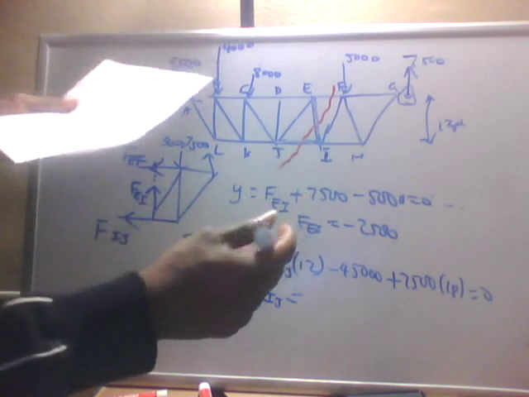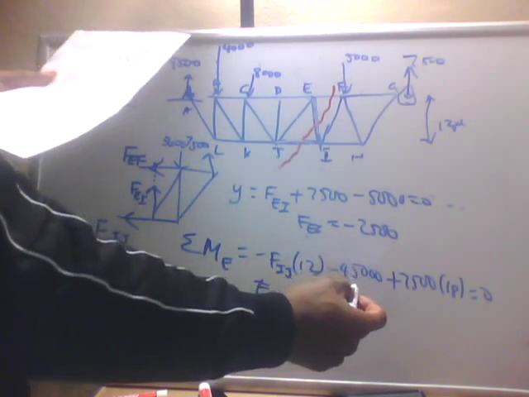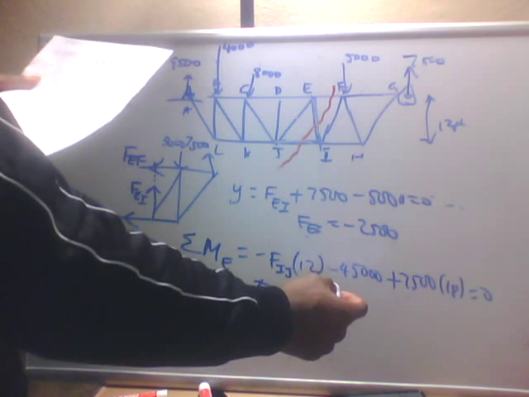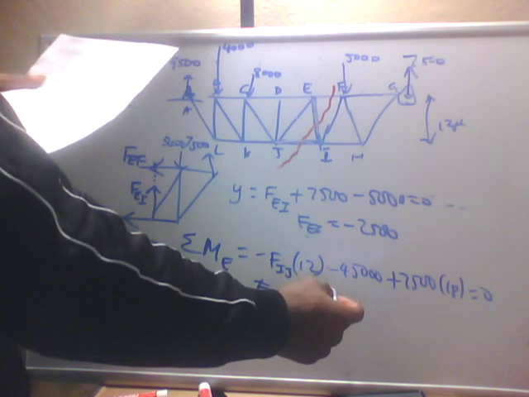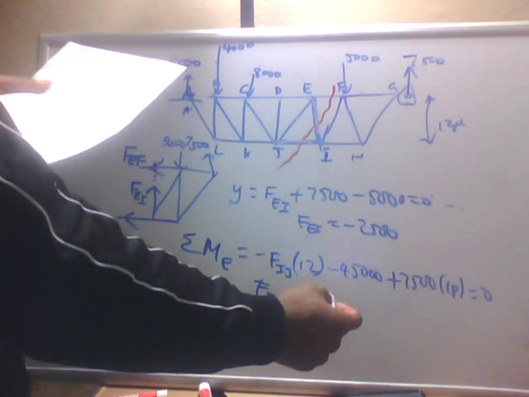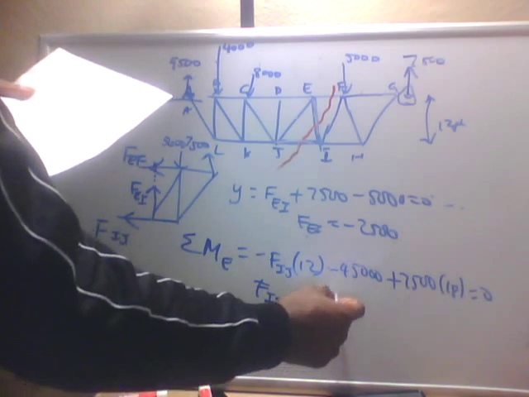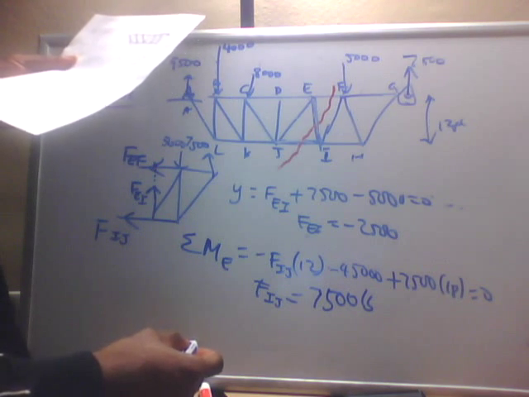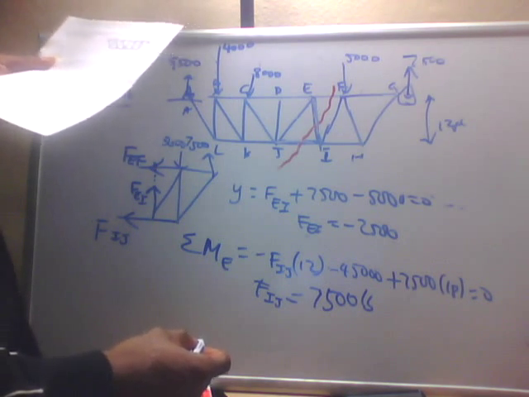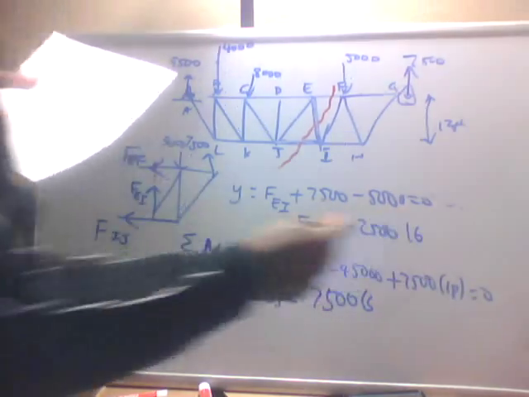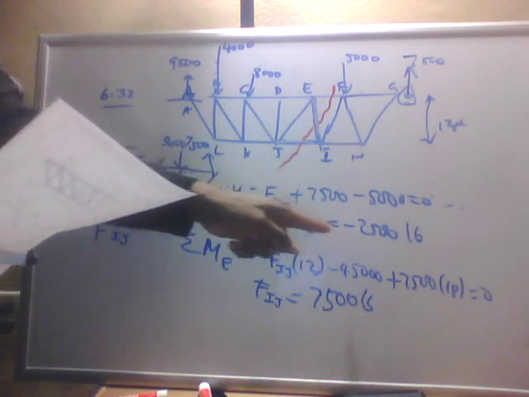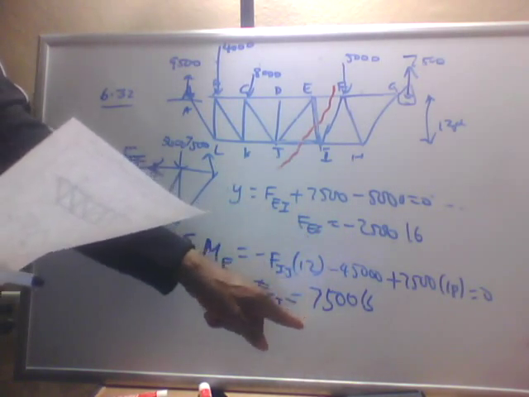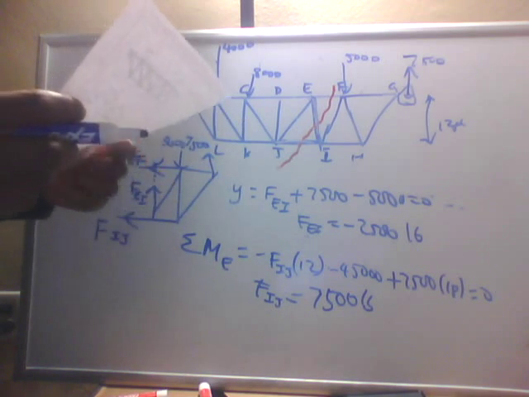The solution to that is 7,500 pounds. And this is in pounds. Okay, so because this is negative, it's actually compression. Because it's positive, it's actually tension. Just like we had talked about before.